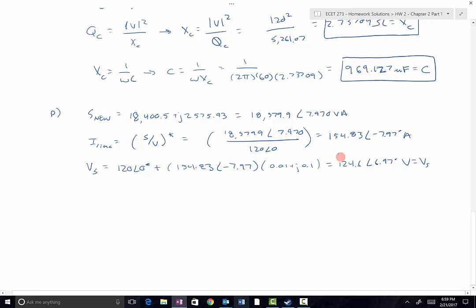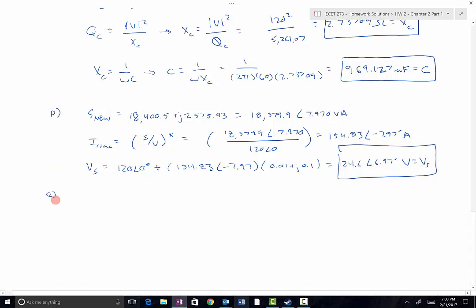So we have to reduce the voltage at the input end of the feeder down from its previous value to 124.6, and its previous value was 128.9. So a little bit of significant reduction there. There is some power savings here.